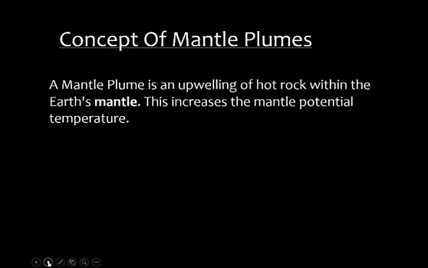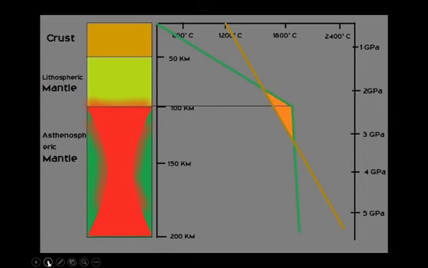So what is a mantle plume? A mantle plume is an upwelling of hot rock within the earth's mantle. This increases the mantle potential temperature. Let's see here.